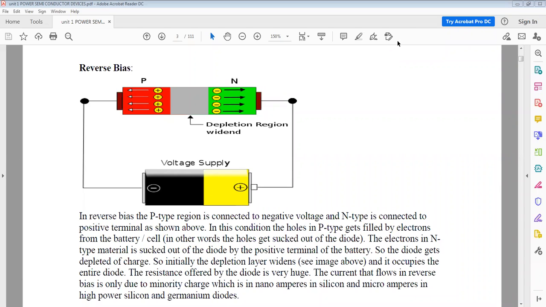Now, when the P terminal is connected to negative and the N terminal is connected to positive, it is said to be in reverse bias.